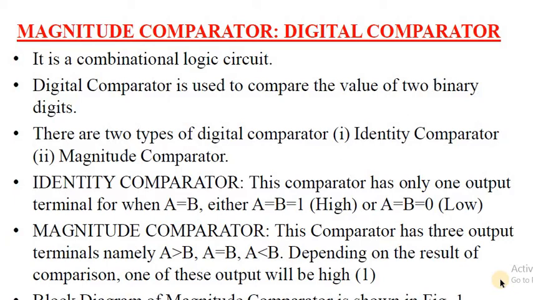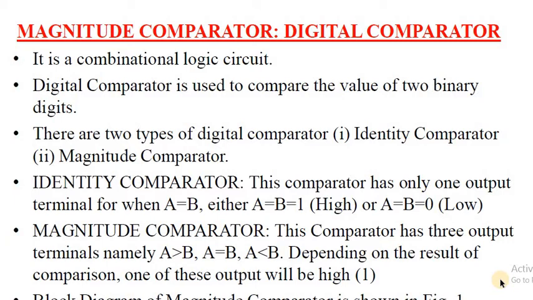Suppose 4 bits are in the input, but in the output, when we compare two values A and B, the output is given as A is greater than B, A is equal to B, or A is less than B. Other than that, there is no other output.